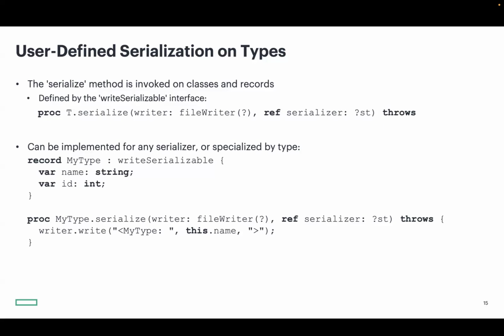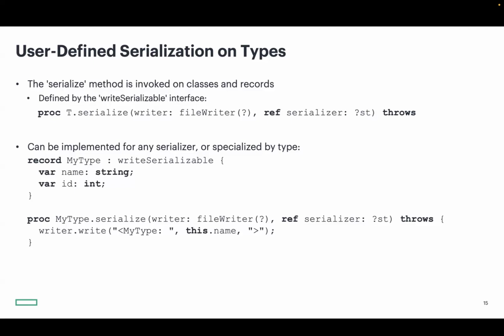And the serialize method can be implemented for any serializer or specialized by type. So if I want to implement this for any serializer, I could write something like the example on the slide here. So here we have a type called myType. It specifies that it implements the writeSerializable interface, and it just has two fields, a name that's a string and an ID that is an int.